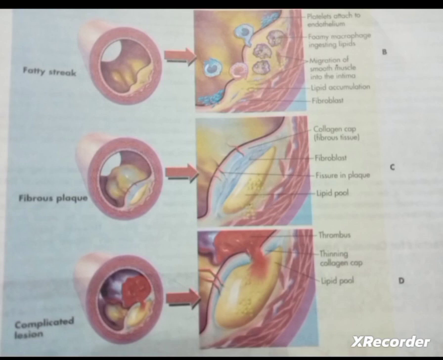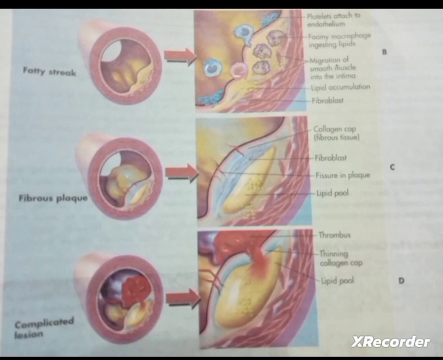The fatty streak is the earliest lesion of atherosclerosis, and it is characterized by lipid-filled smooth muscle cells. As the streaks of fat develop within the smooth muscle cells, a yellow tinge appears.